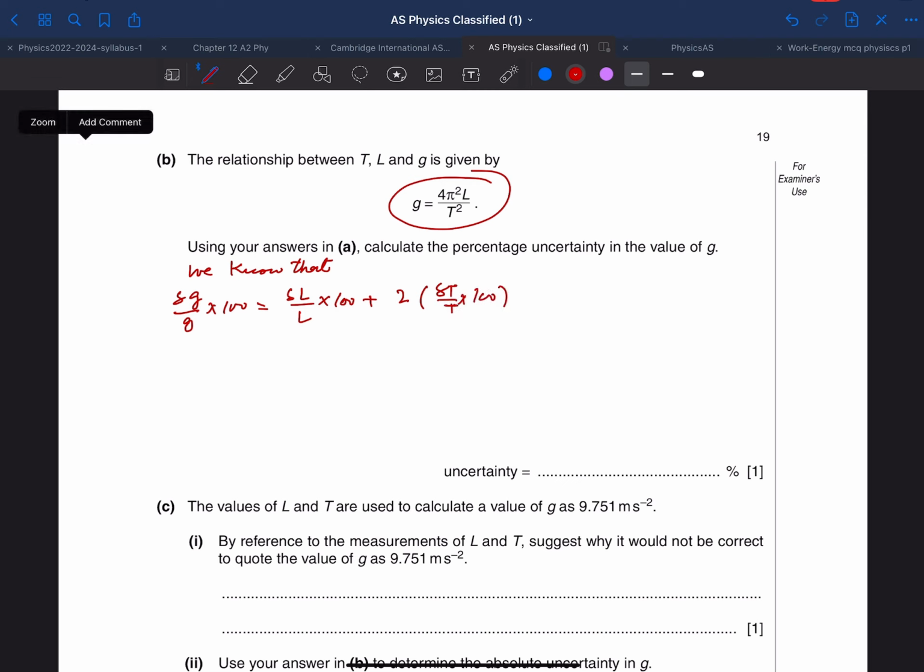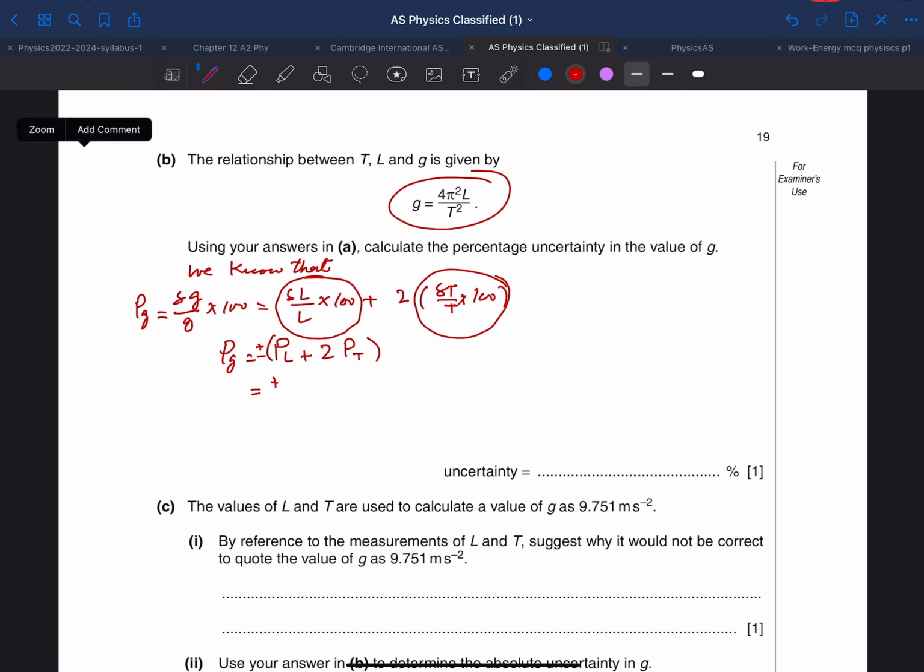But as we have already calculated this part and this part, we have to just use those values to get the percentage uncertainty of G. So percentage uncertainty of G will be the percentage uncertainty of the length and percentage uncertainty of the T. So this will be the simple situation.